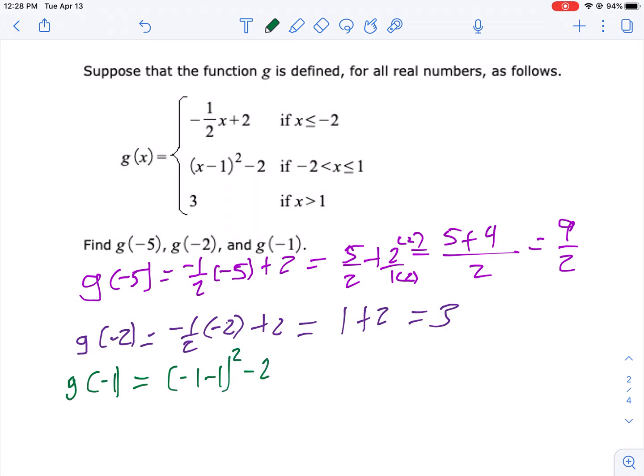Well, -1 minus 1 is -2. -2 squared is 4 minus 2. So I get 2 for that rule. So g of -1 would have been 2 on that one. And that's what you use to evaluate in those functions.